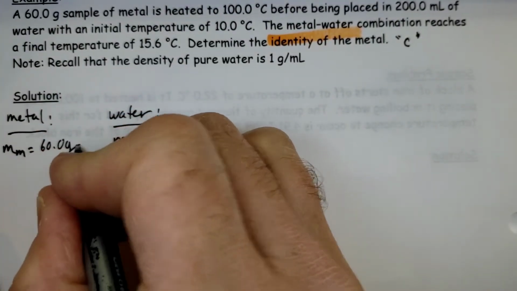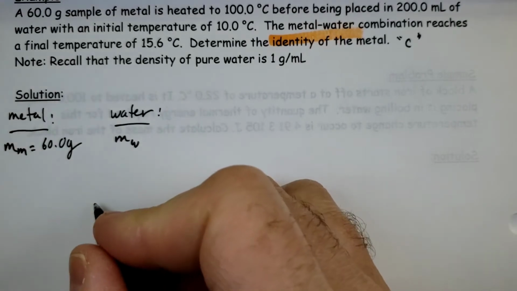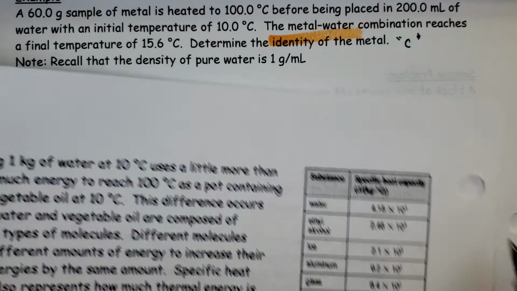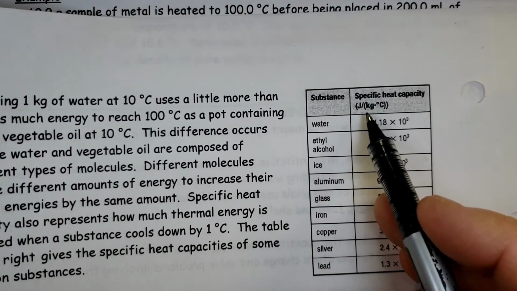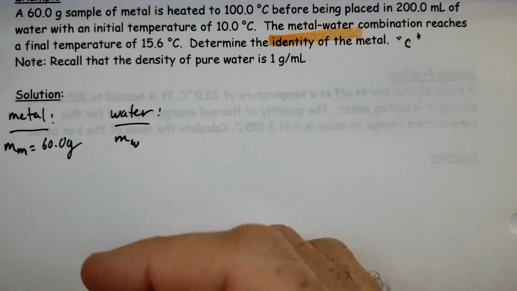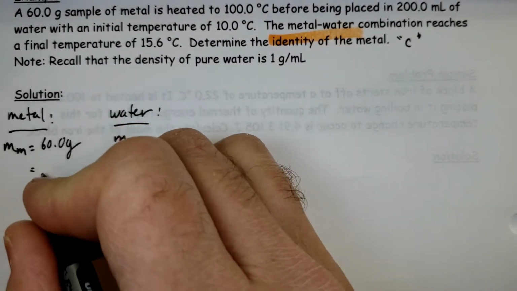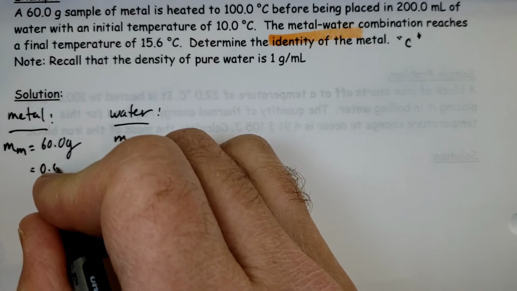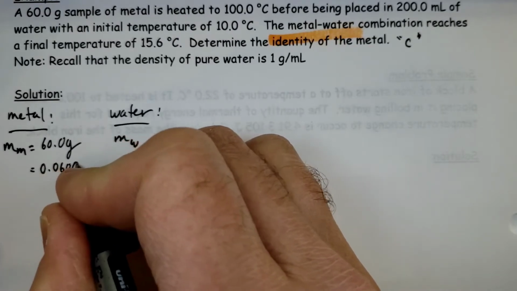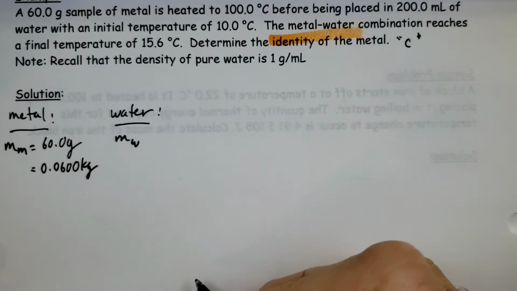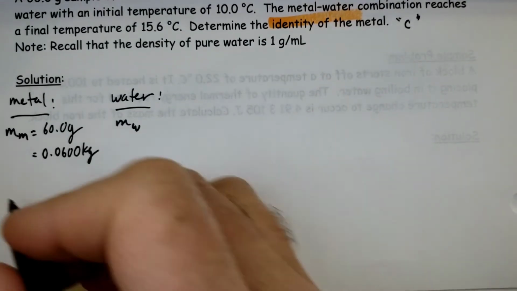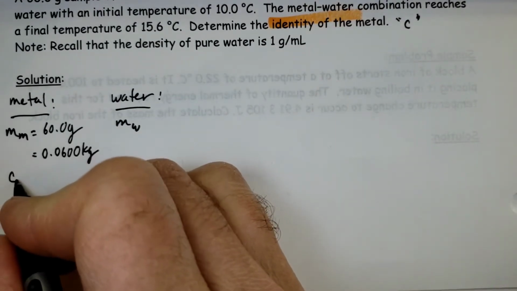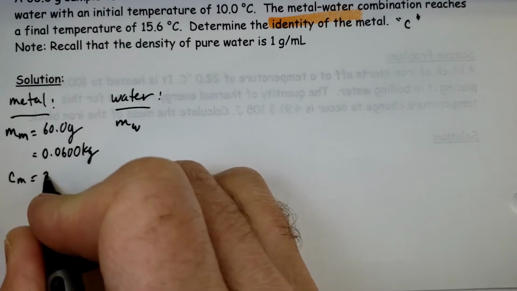And of course, we have to have that in kilograms because our specific heat capacities are in joules per kilogram degrees C. So of course, divide that by 1,000 or move the decimal 3 places to the left, and I get 0.0600 kg.